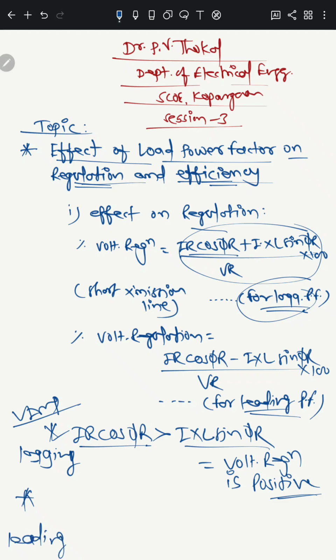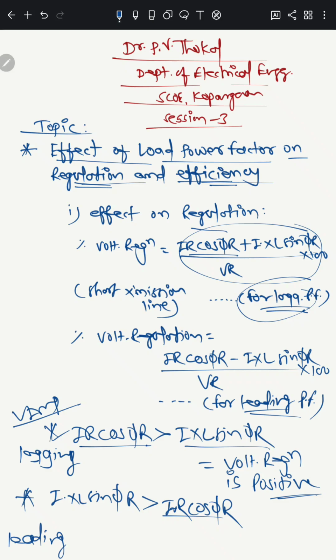When the load power factor is leading, then I into X L sin phi R will be greater than I into R cos phi R. So I into X L sin phi R will be greater than I R cos phi R in case of leading power factor.